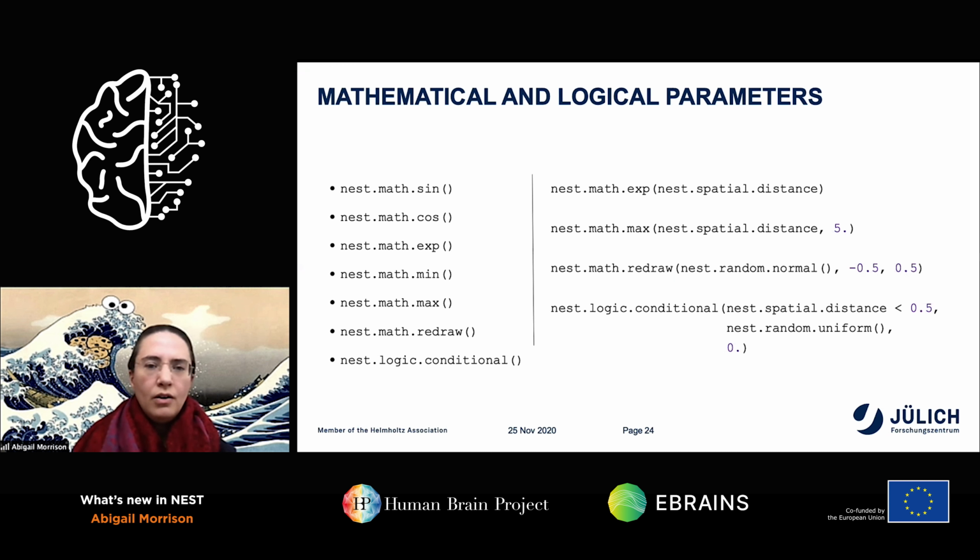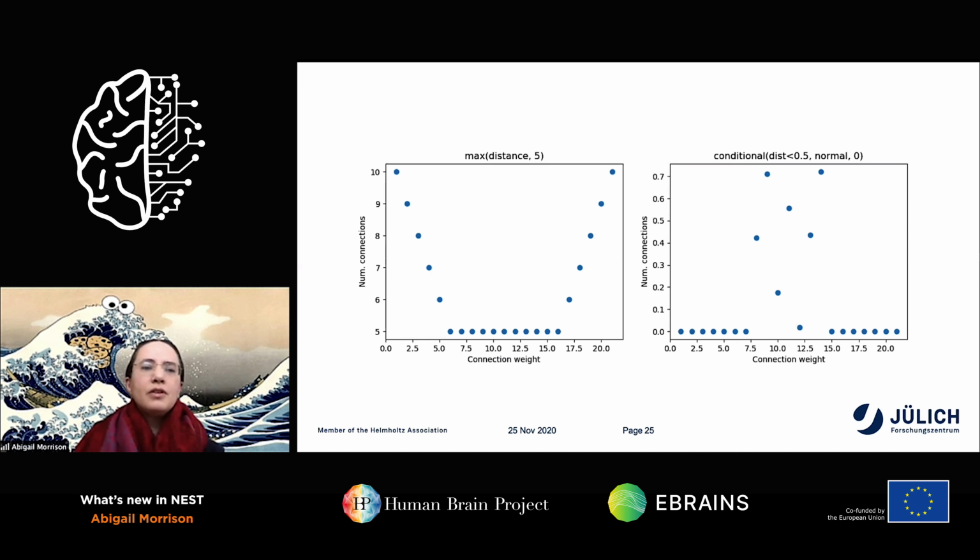Also, a whole lot of inbuilt mathematical and logical parameters, so that makes it easy to use these expressions in combination with each other to design a particular pattern for your connection weights.